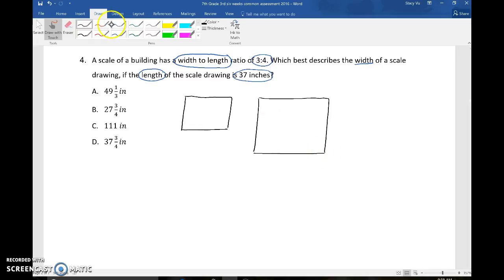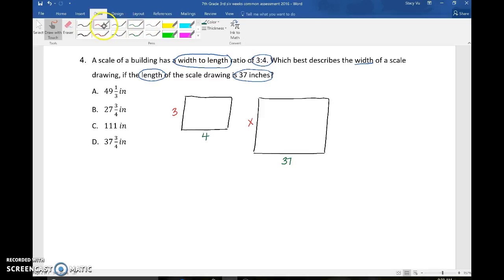So the width of this first rectangle, it says it's 3. The length is 4, and we don't know the width of the second rectangle. And then the little rectangle has a length of 4, and it has a length of 37 for the big one.